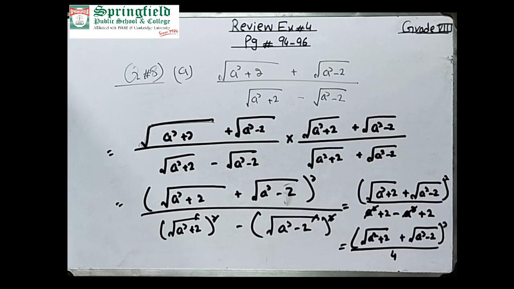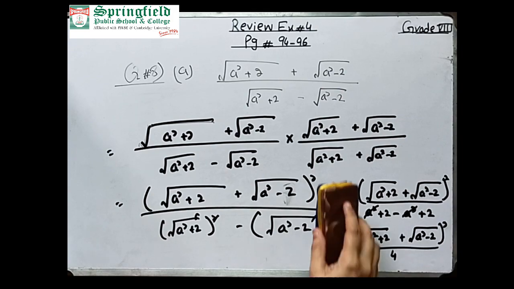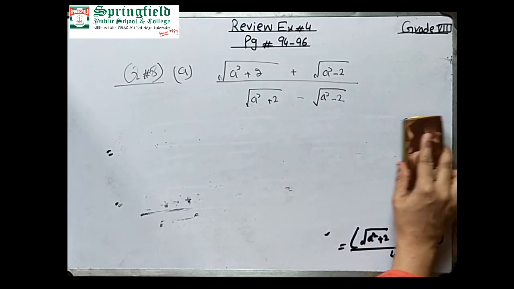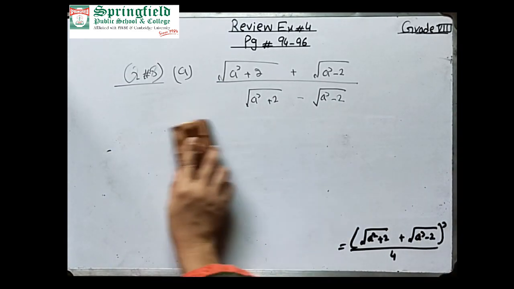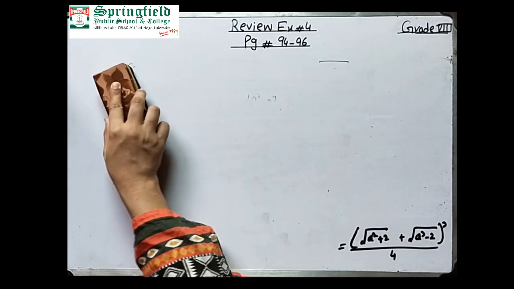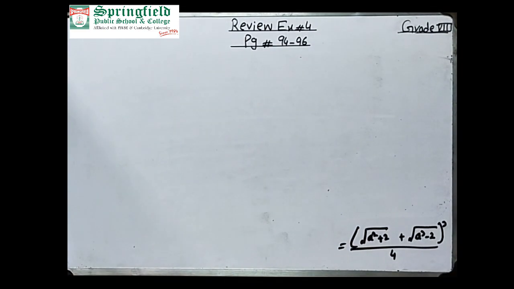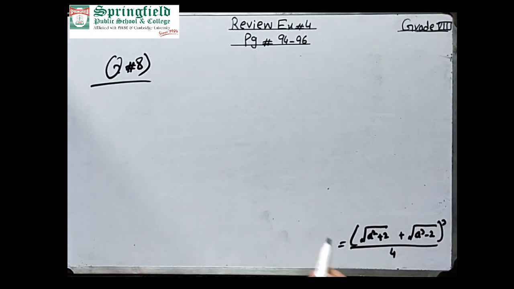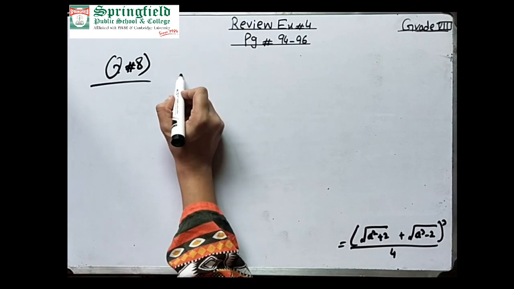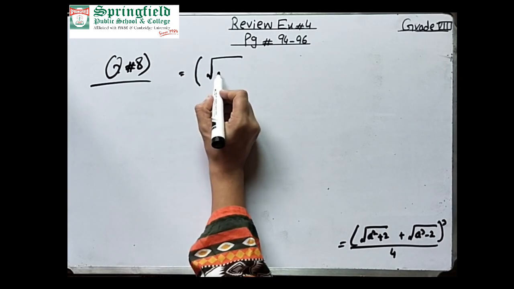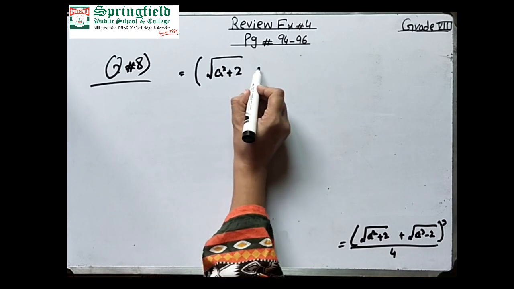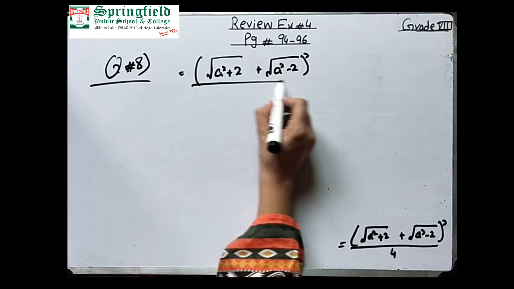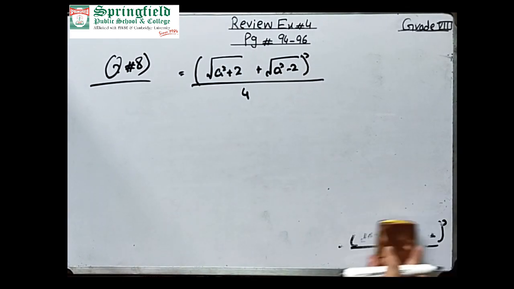Fine. So we can simplify more. Okay, now write down this term: a square plus 2 plus a square minus 2 whole square divided by 4.